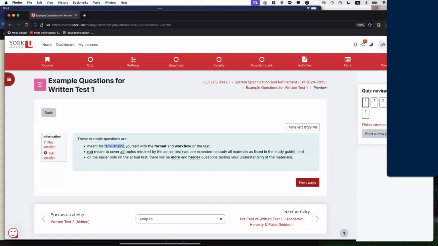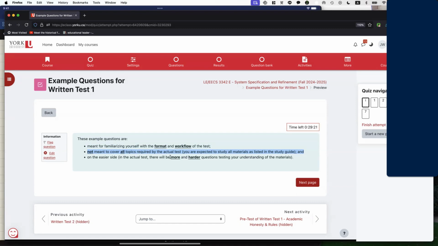The example questions are really meant for familiarizing yourself with the format and the workflow. Multiple choice. You might be expected to type some answer, the ASCII syntax, but as I said, I'm not going to ask you anything that's not covered by the math lecture, and it's also not meant to cover all the topics. So maybe get some study mates together to modify the question slightly to see what the answer might be. That's also a good practice.